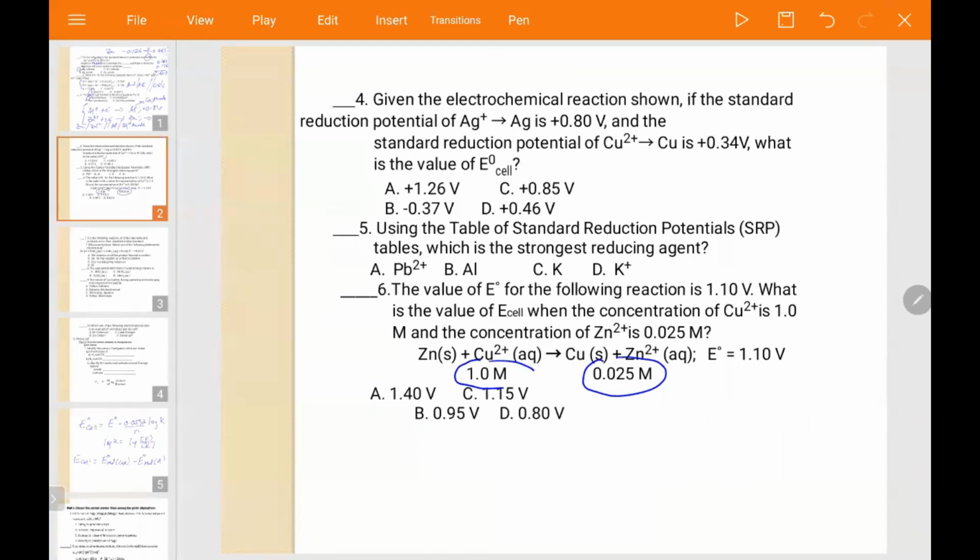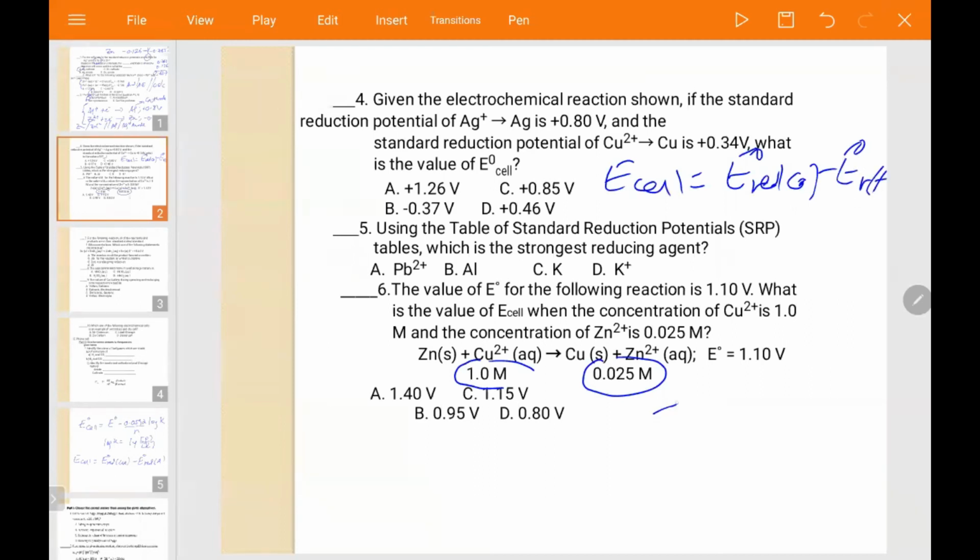Both are reductions. Sometimes an oxidation can be given in the equation, like copper to copper two plus. If so, we have to reverse this, and when you reverse the equation the sign of the reduction potential value must change. But here already the two half reactions are both reductions, so without converting the equation you can directly solve: E of cell is equal to E naught of reduction at cathode minus E naught of reduction at anode.